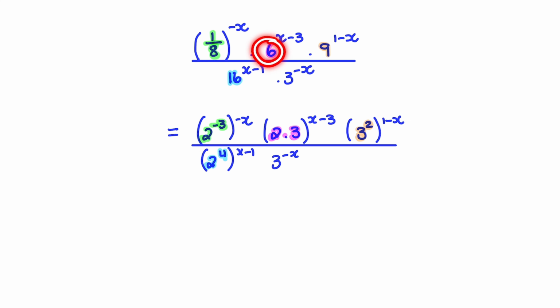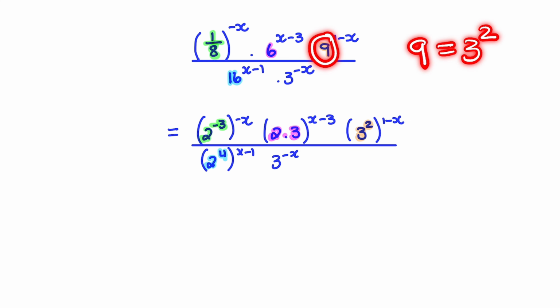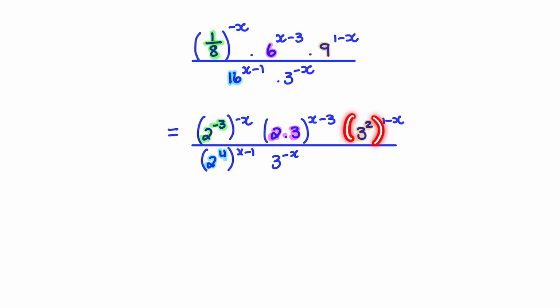Let's move on to 6. 6 can be written as 2 times 3. And that is all that we do. And notice that I do the substitution of 6 in brackets. So I show that with brackets. 9 simply becomes 3 to the power of 2. And again, I show that substitution in brackets.